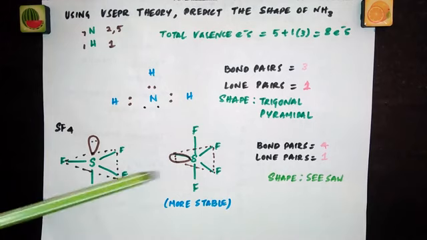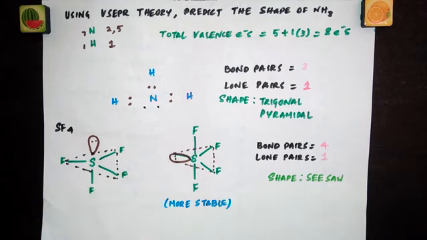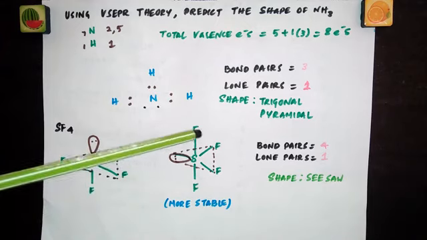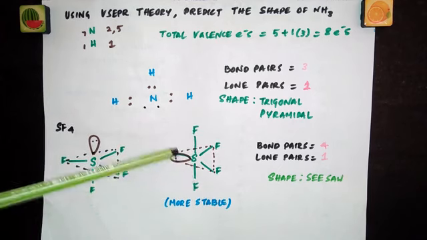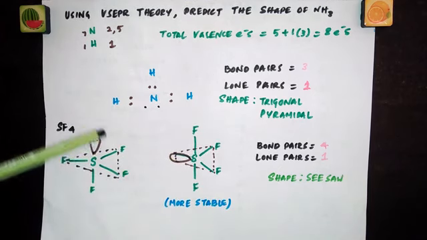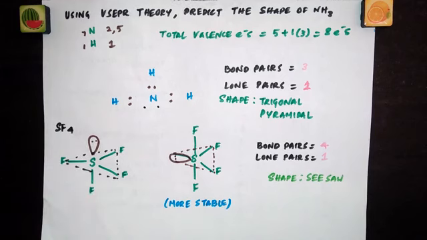If they give you a comparison like this, which is more stable, remember, the lesser the number of repulsions, the more stable the molecule. So if the lone pair is at the equatorial position, you have just 2 bond pair lone pair repulsions. But if it is in the axial position, we have 3. So this structure is more stable.